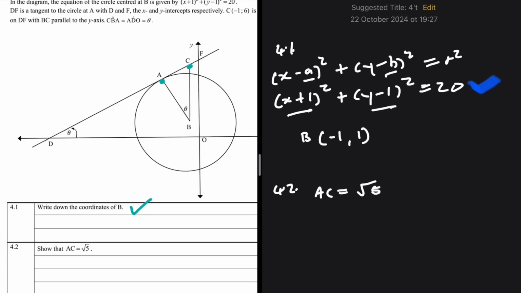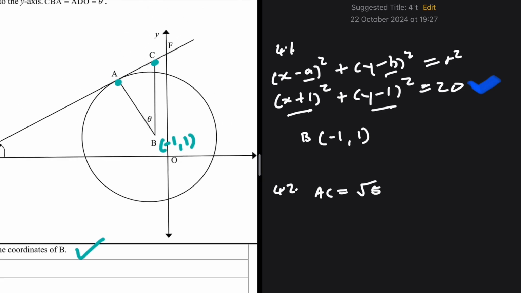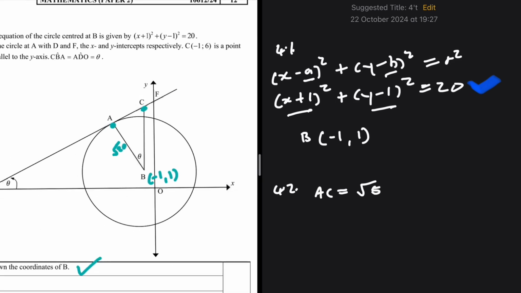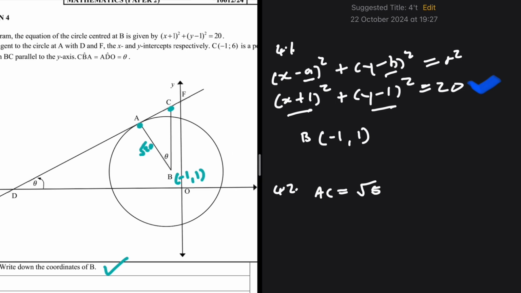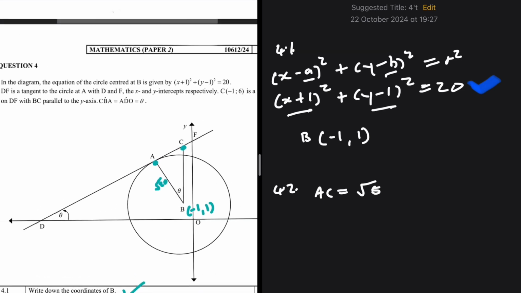We know that that is (−1, 1). We know the radius squared is 20, so it means that BA should be the square root of 20. So we should have BC in some form or another. Let me go ahead and see what is happening here.